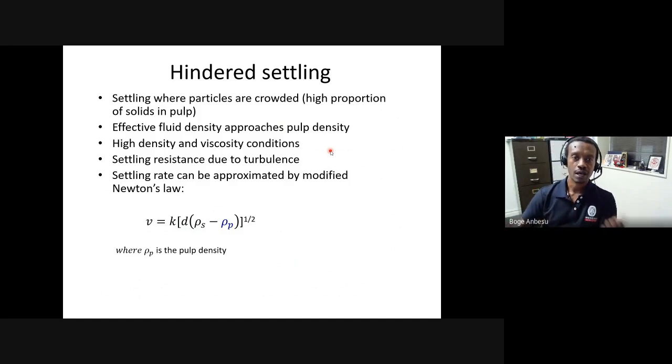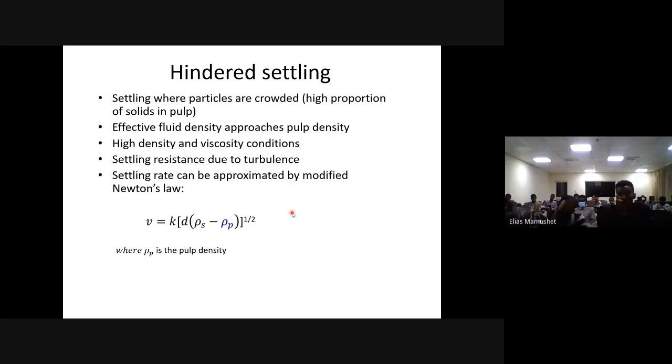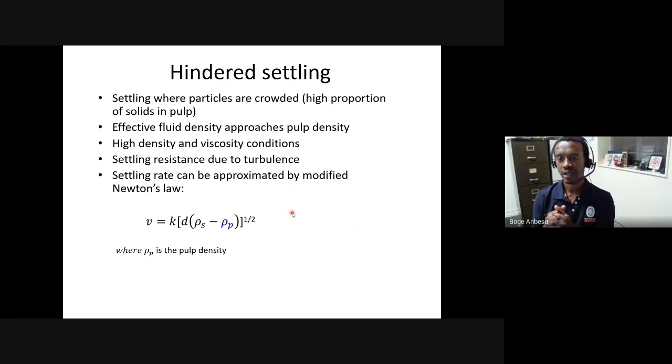There's high density, high pulp viscosity, and a lot of turbulence. So particles will settle at a lower rate, and we can use a modified Newton's law for this one, where the terminal velocity depends on the size and not only the density of the particles, but also the density of the pulp. Okay.